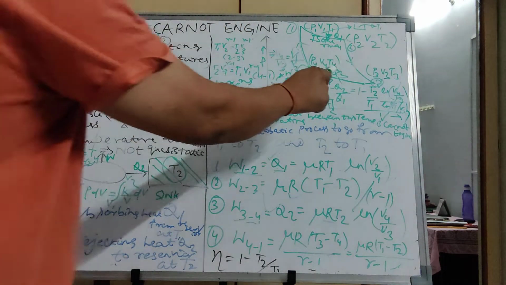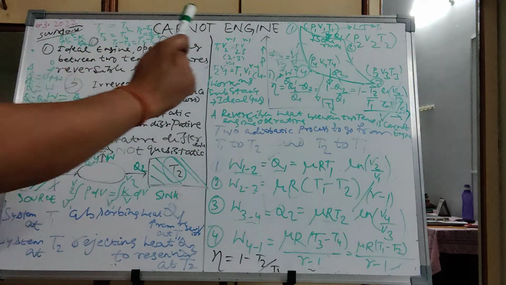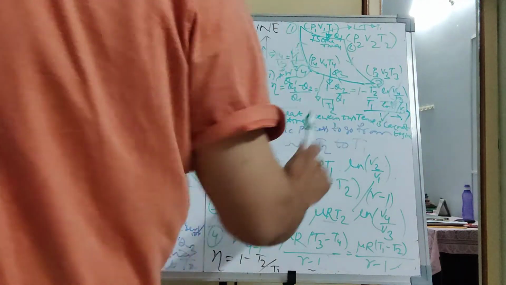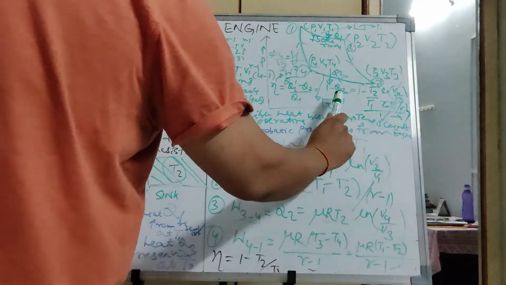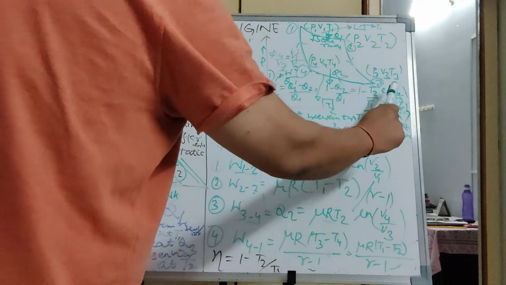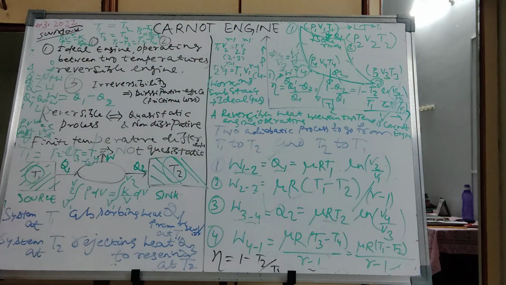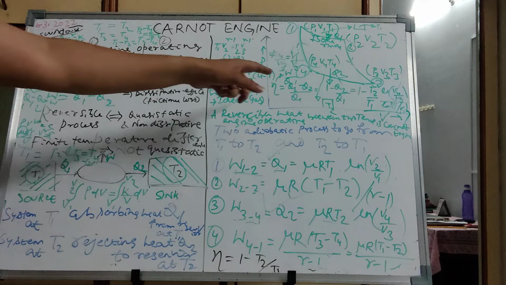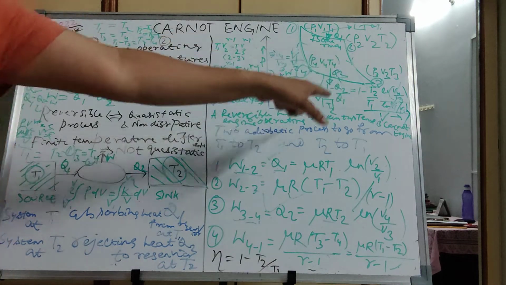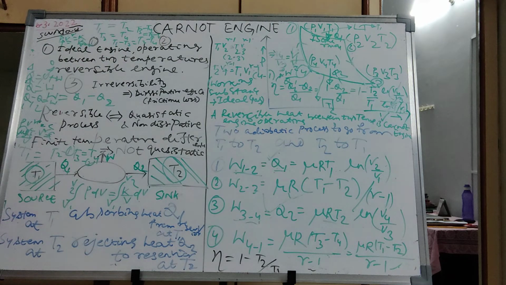So Q2 is nothing but this much work, and Q1 is nothing but this much work. Relating heat to work here, you are able to derive the efficiency.